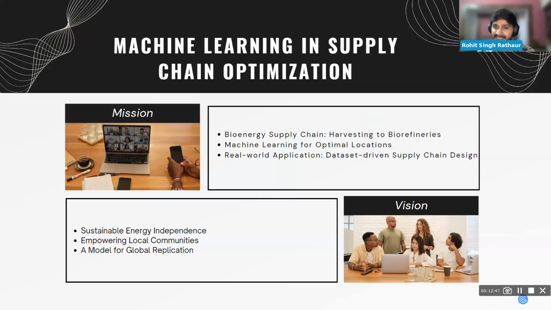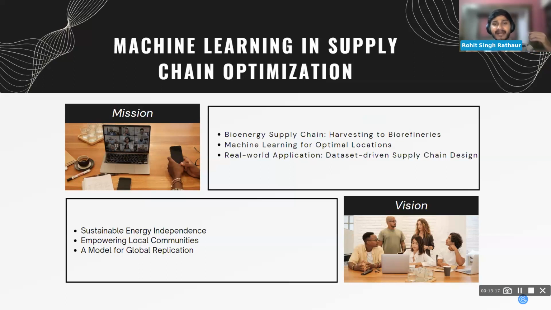By analyzing vast data sets, machine learning can suggest optimal locations for depots and biorefineries, minimizing transportation costs and time. So if we take, for instance, the data set provided during this particular hackathon, by leveraging this data, I tried to design a solution to showcase here.